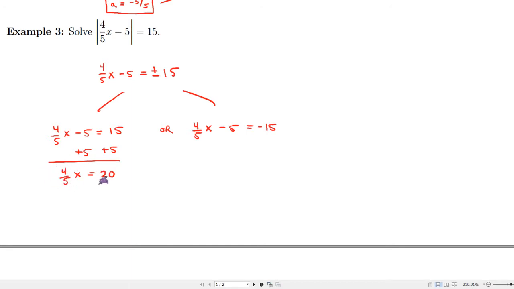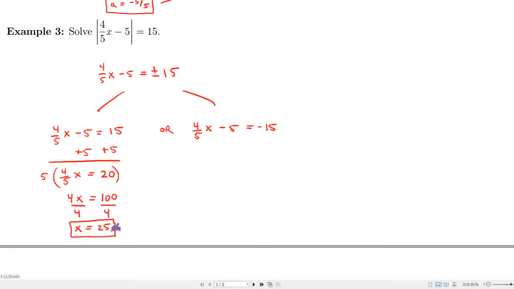But either way, you'll get the same solution. So if I multiply both sides by 5, we'll get 4x equals what? So that'll be 100, and then divide by 4. Oops, the computer thought that turned into a 9, but that was a 4. So 100 divided by 4, so x is 25.